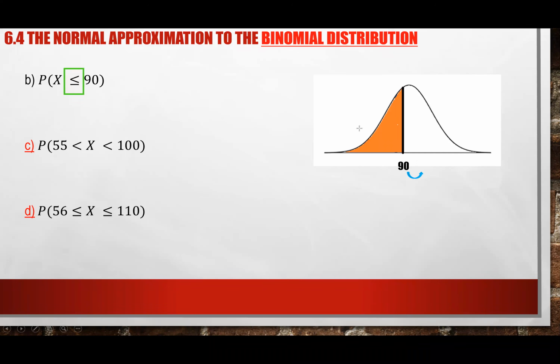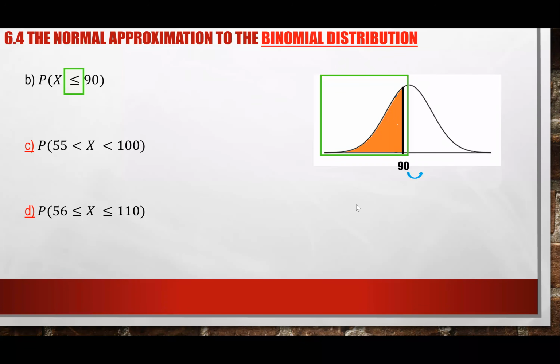Again, the difference between this problem and the previous problem is that in the previous problem we found the area to the right. In this particular problem B, we find the area to the left. And because it is the area to the left, I want to make this bigger, so I still move it to the right.